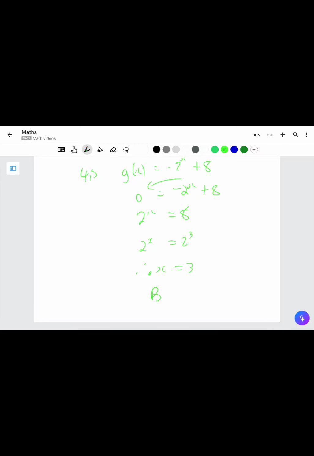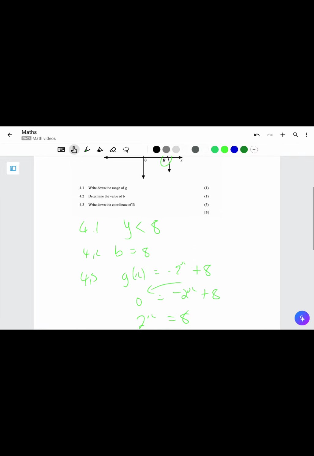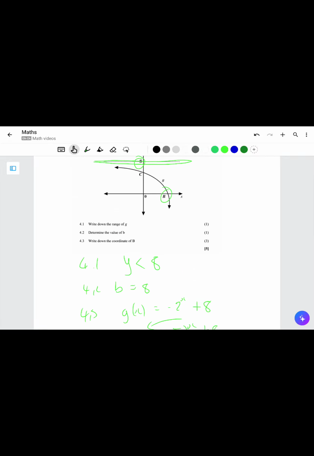So b will be 3 and 0, right? You can see there point b is 3 and 0 because y is definitely 0 at that point. And it was an easy 4 marks.